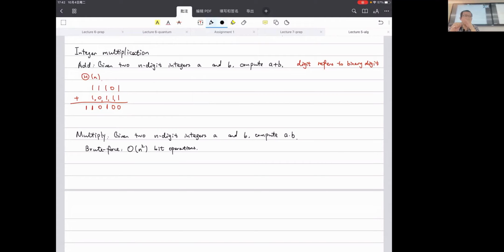This is because you multiply an n-digit number with an n-digit number: you need to multiply, for instance, the first number with every bit of the second number. And this in general is going to cost n squared. The question is, how do we improve this?